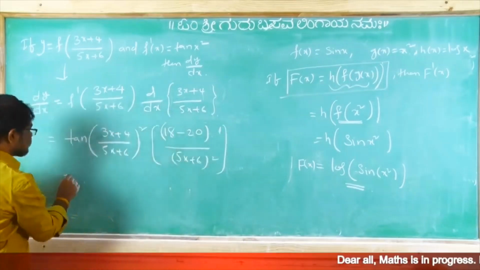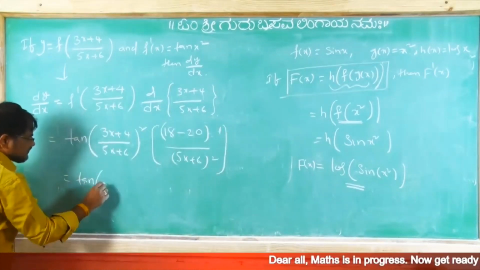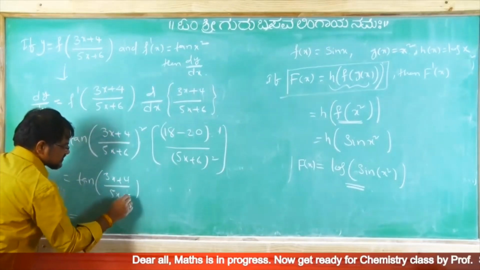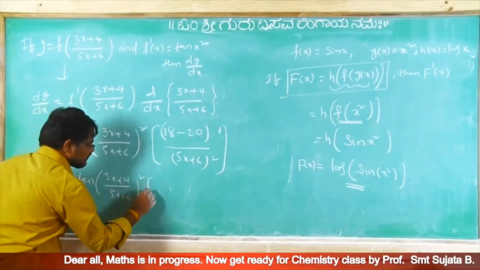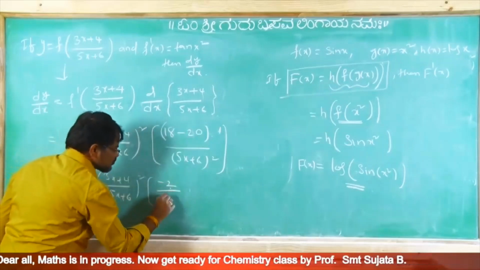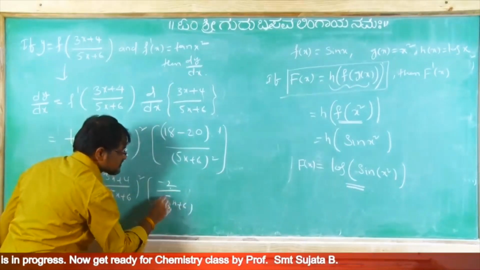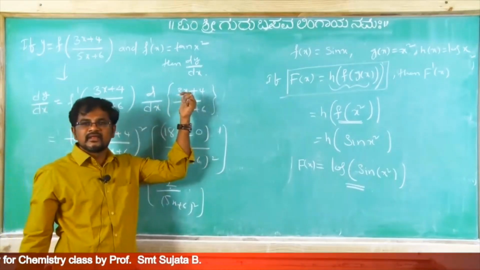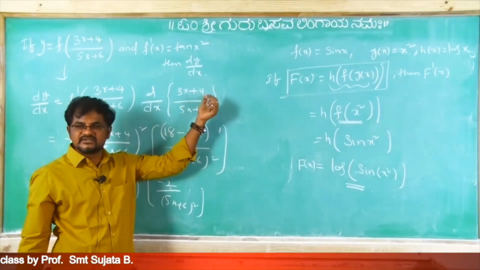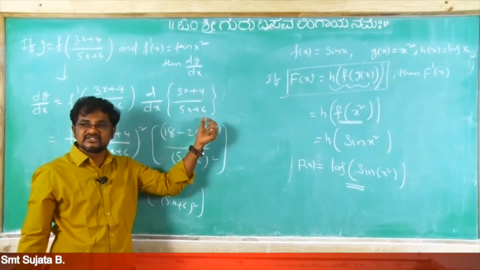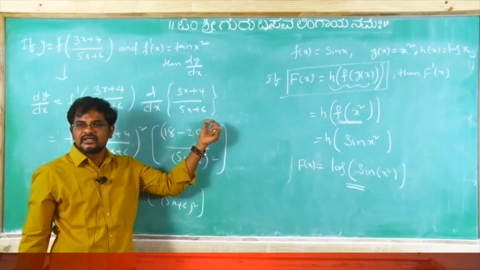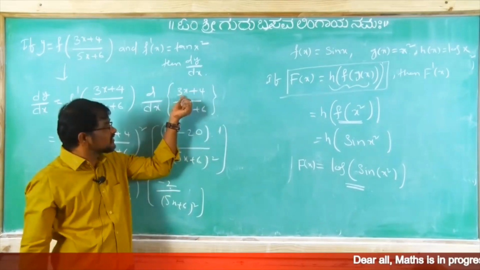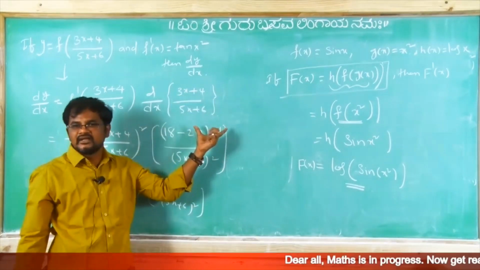So that is equal to tan of 3x plus 4 by 5x plus 6 whole square, into minus 2 by 5x plus 6 whole square. This is the formula for ax plus b by cx plus d. The differentiation is AD minus BC into the differentiation of that function. Here the function is x divided by the denominator whole square.